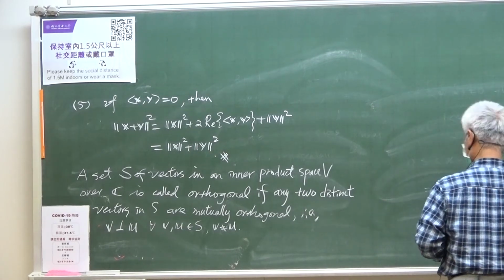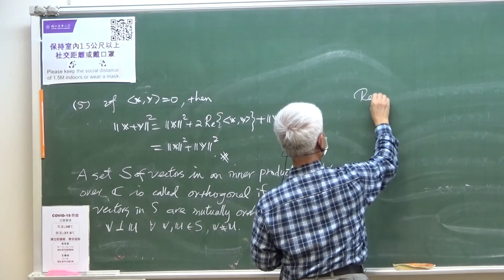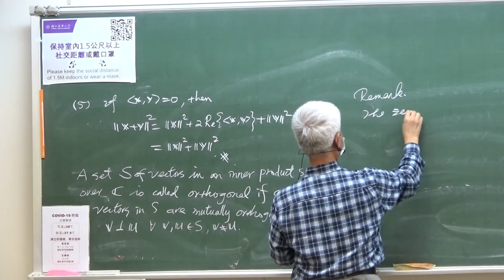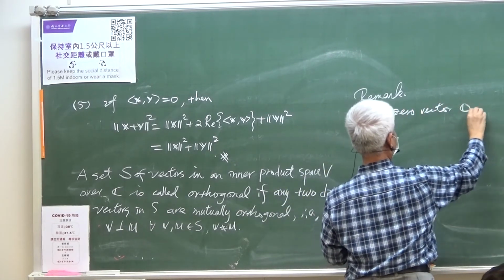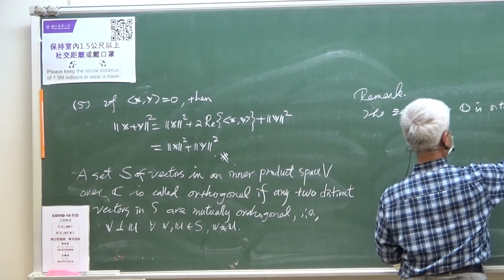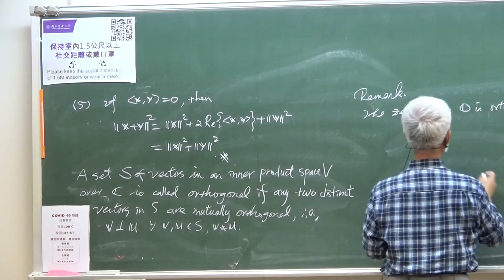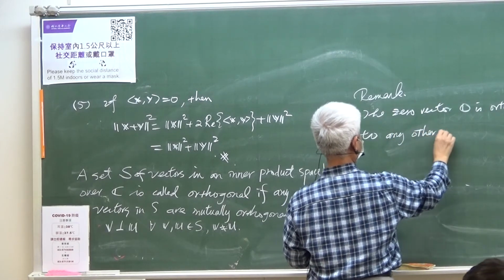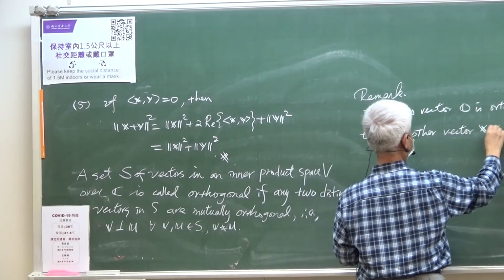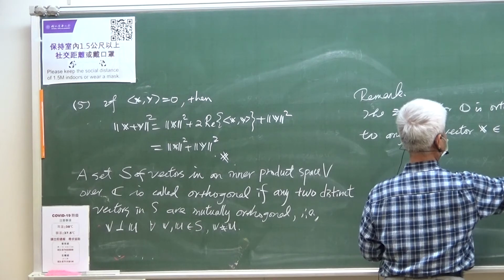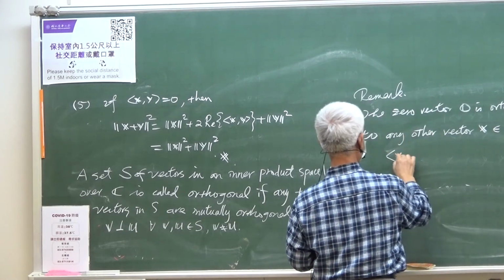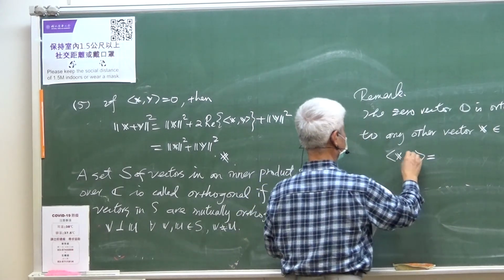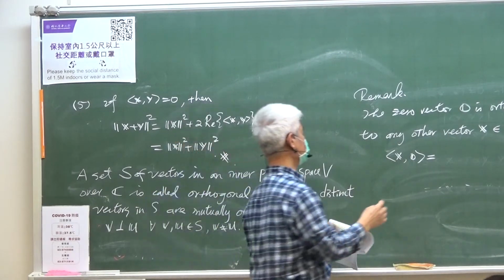There is one special case. The zero vector is orthogonal to any other vector, since <0, x> is 0.